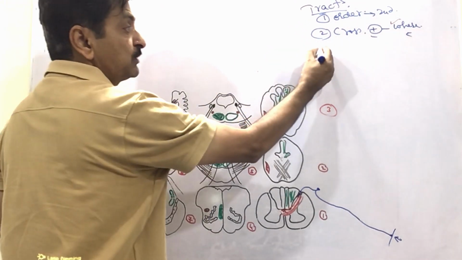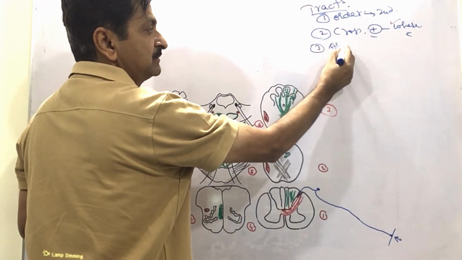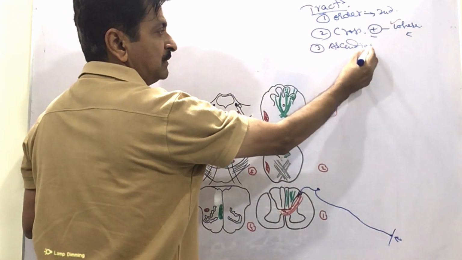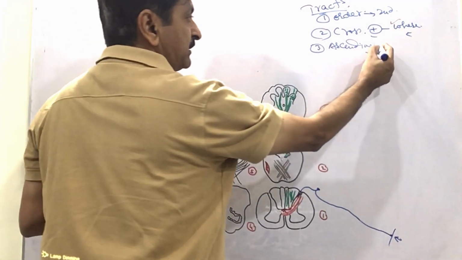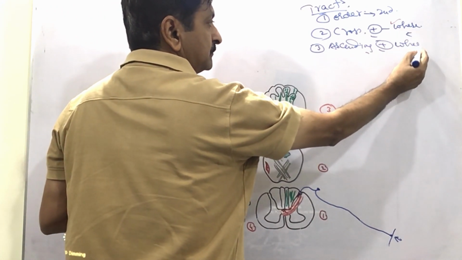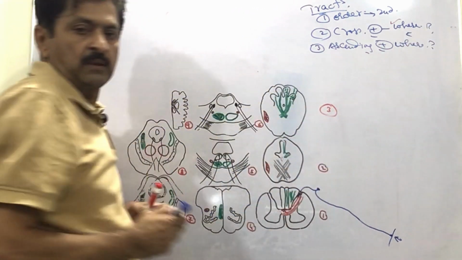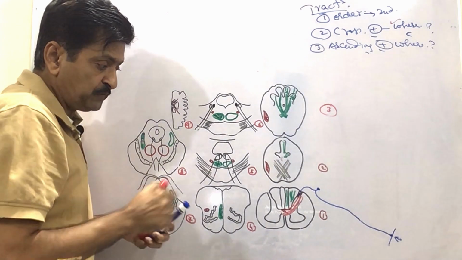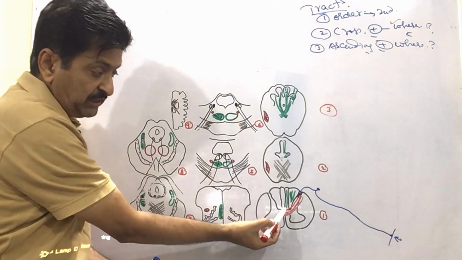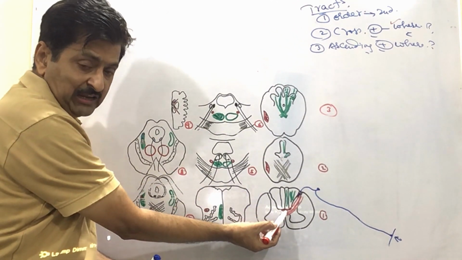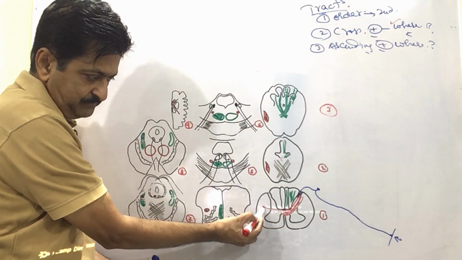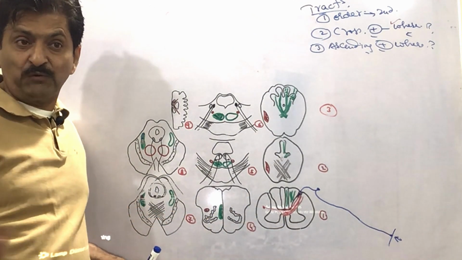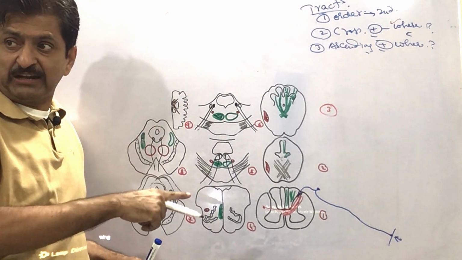Then you will ask yourself the third question, ascend or not? Yes or no? Obviously yes. And if it's yes, then where? Those fibers that have crossed in the anterior gray commissure will ascend in the lateral white column of the opposite side of the spinal cord.